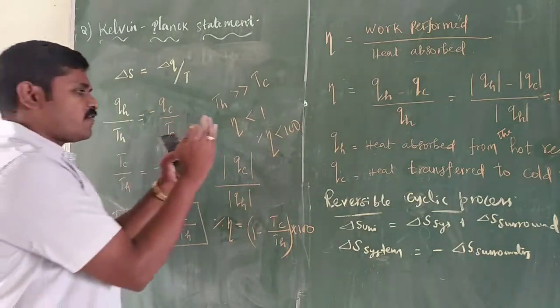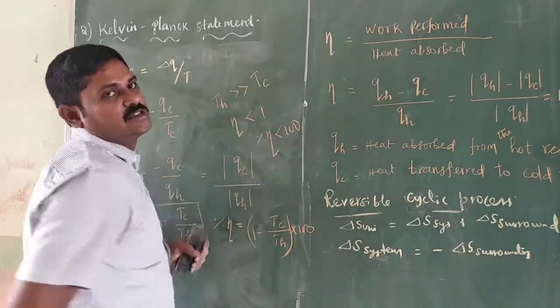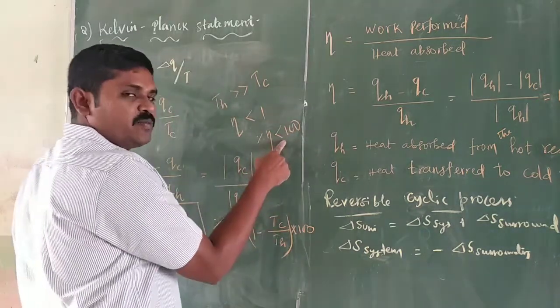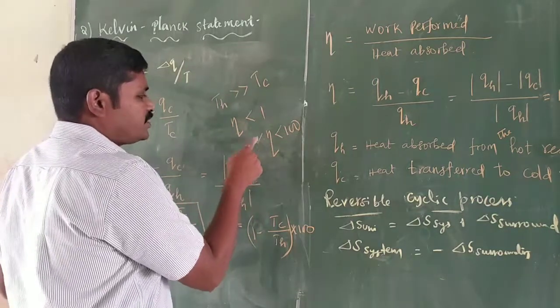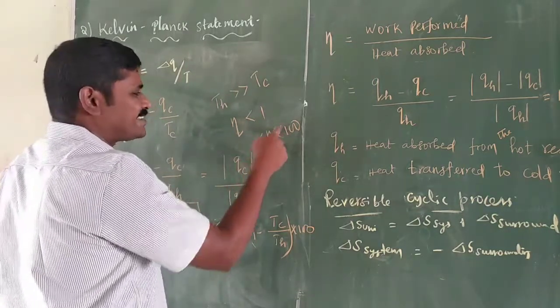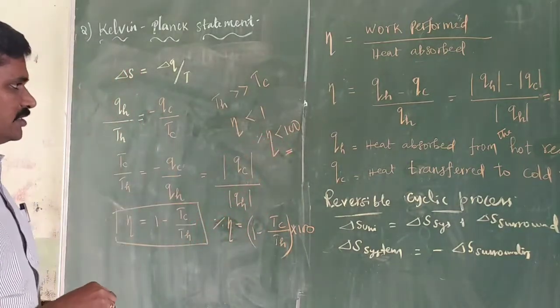The efficiency of a machine can never reach 100 percent. So the percentage of efficiency is always less than 100. Very important one-mark question.